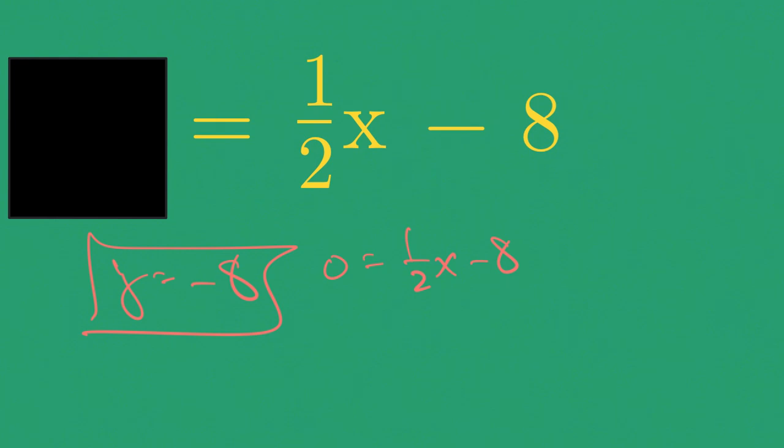Let's add the 8 to both sides to get rid of that -8 on the right and get it over to the left. We're going to do that with addition. 0 plus 8 is 8, and that is still equal to 1/2 x.